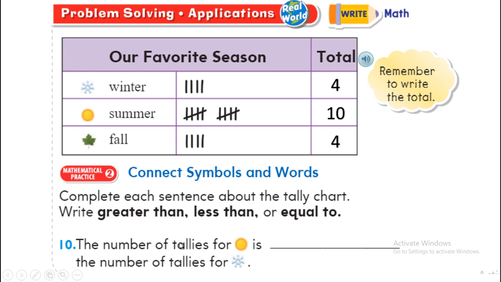So the number of tallies for the summer is blank the number of the tallies for the winter. Summer, which number? 10. Winter, 4. So 10 compared to 4, it's greater. 10 is greater than 4.